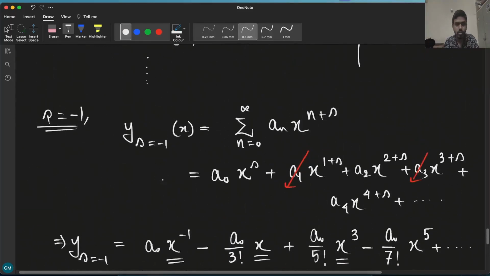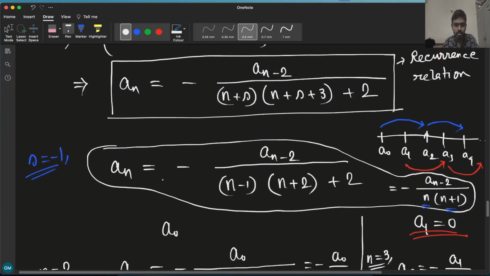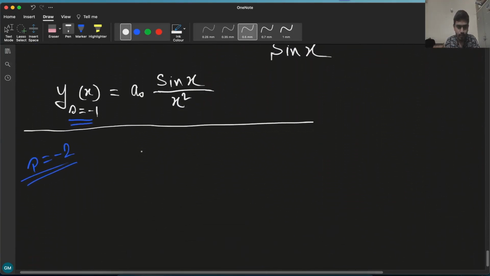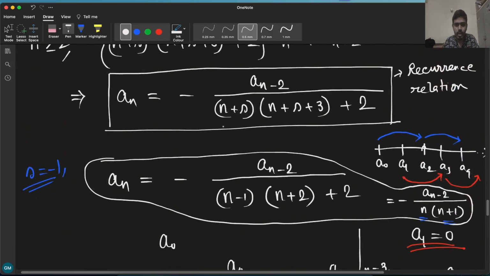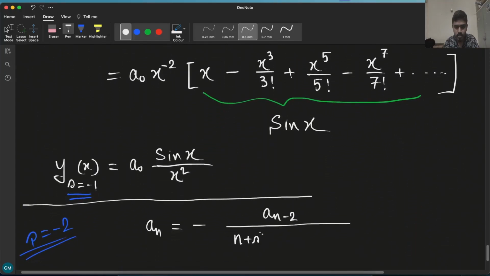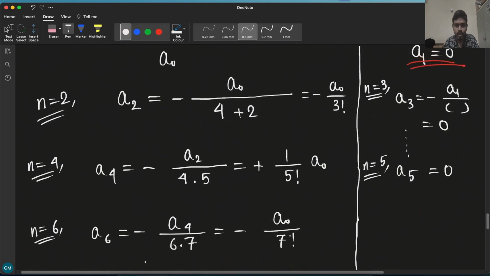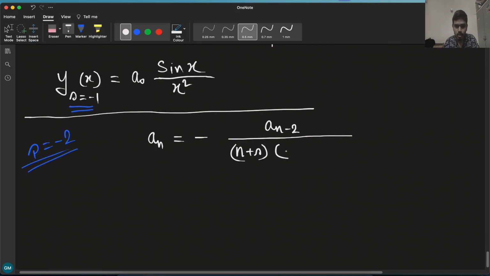Okay, for s equals to minus 2, let me write down the recurrence relation. So the recurrence relation was an equals to minus of an minus 2 over n plus s times n plus s plus 3 plus 2.